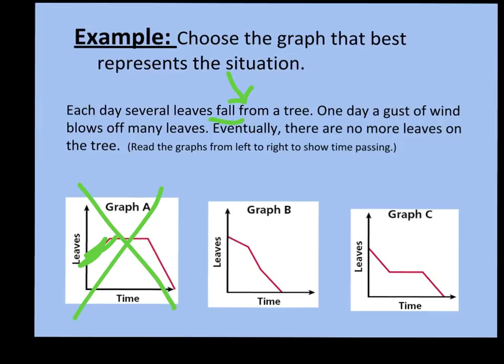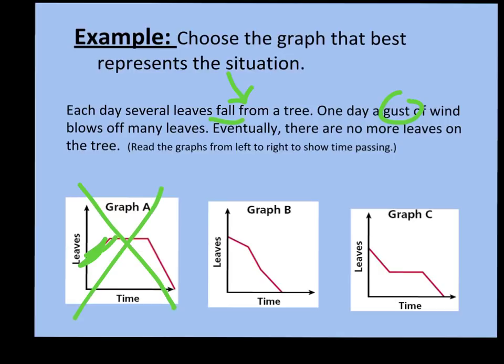Once we keep reading, it says, one day, a gust of wind blows off many leaves. So if we're having a gust of wind, and we're blowing off a lot of leaves, that means we're going to be decreasing still, because there's leaves still falling off the tree. But it's a gust of wind, and that's going to cause your downward leaves dropping to increase at a faster rate.